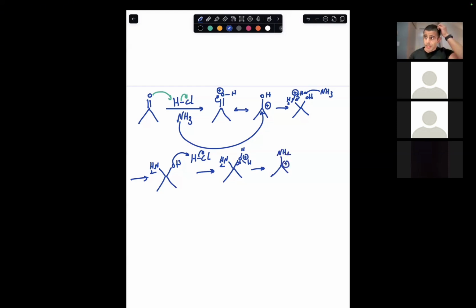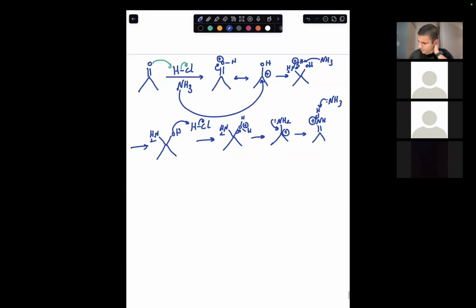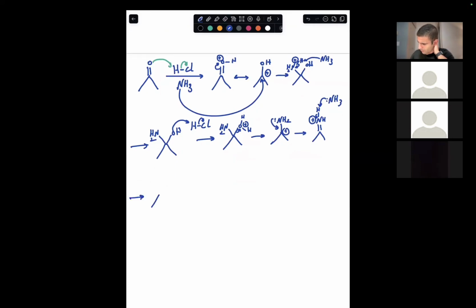But then, obviously, we know that another nitrogen is not going to come in. Instead, it does resonance. Ta-da!